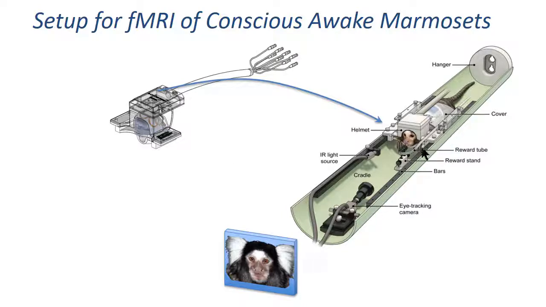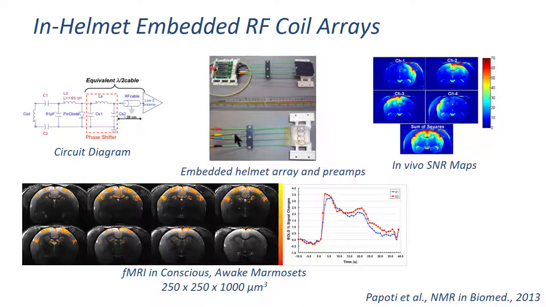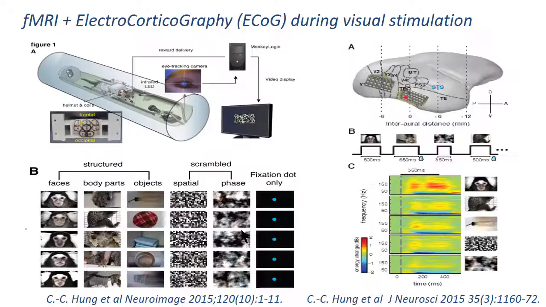And we can deliver rewards to the animals to incentivize them to participate in the task and obtain better performance this way. So this is an example of these in-helmet embedded RF coil arrays that we designed. These are low profile, and the sensitivity is really good. These are anatomical images combined with fMRI, acquired at 250 microns in-plane resolution of the somatosensory cortex of the marmoset because of the added sensitivity.